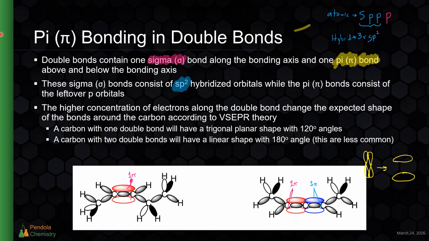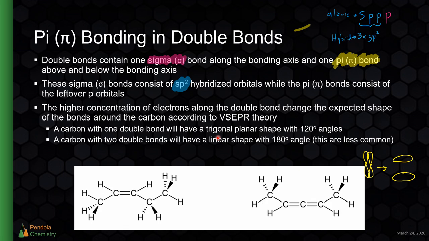So just so we can again see the comparison between these, let me erase this. If we go back, notice we have two double bonds here, so instead of being tetrahedral like this carbon, we have a trigonal planar shape in this carbon. And for this carbon, which has two double bonds, it's linear in shape.